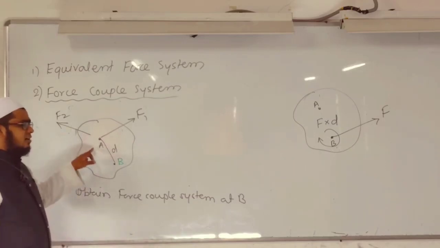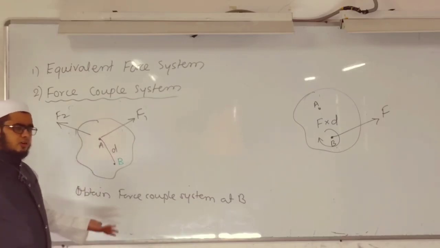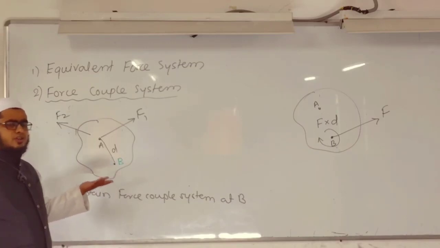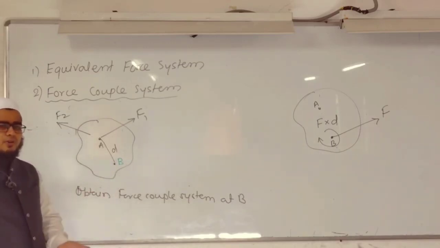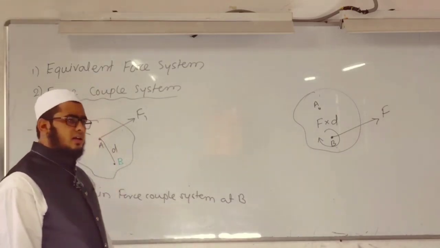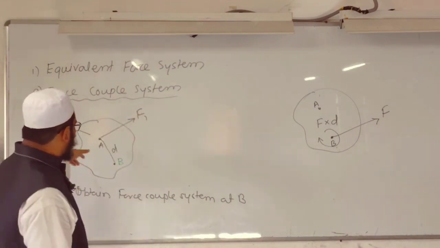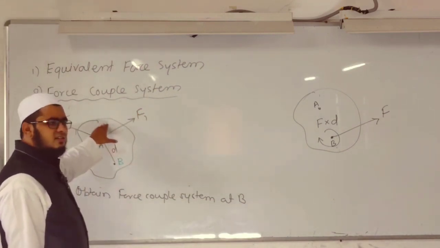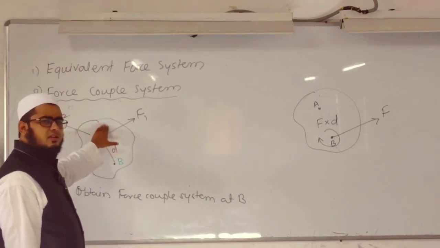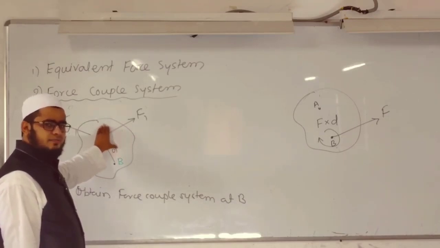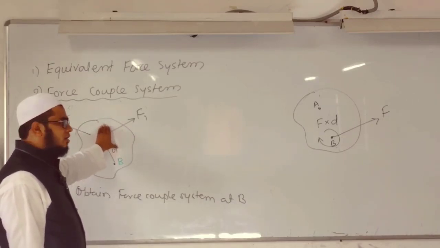I will get alpha from the positive or negative signs of summation Fx and Fy, and I can show the resultant in the quadrant in which it is acting. The quadrant is also required.